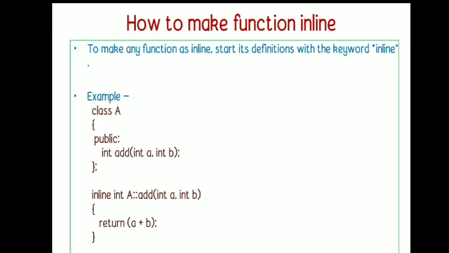So when the statement object dot add of 10 comma 20 is used in the main function, immediately this function will be replaced by 10 plus 20. So this line of statement can be expanded in the calling function during compilation itself. The keyword inline is important.